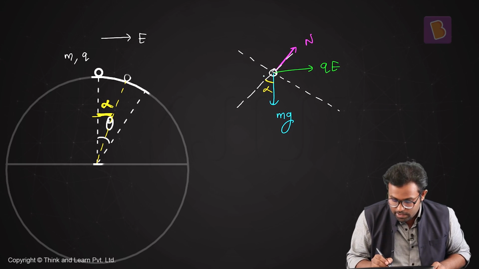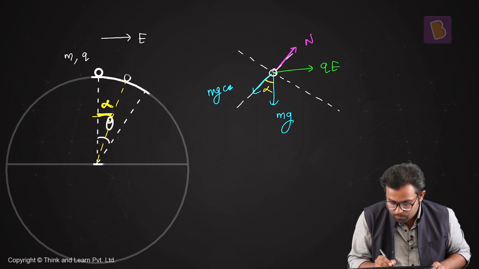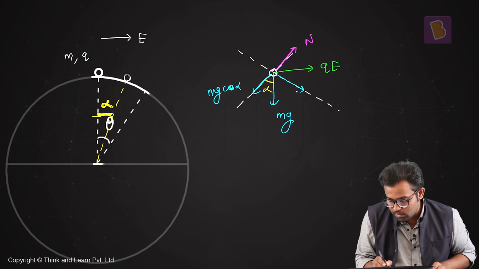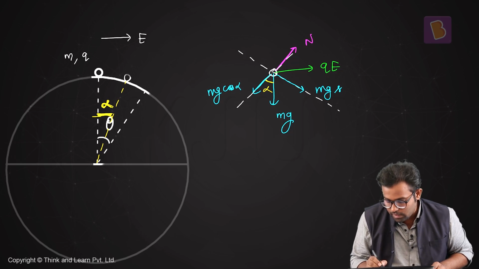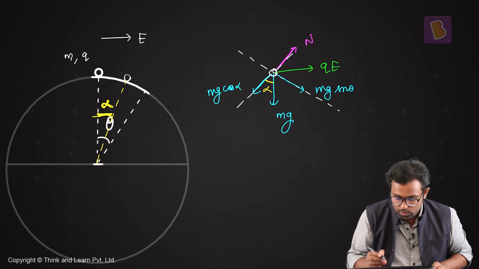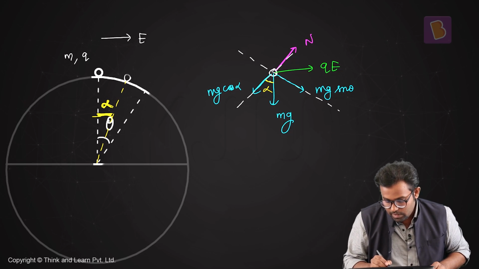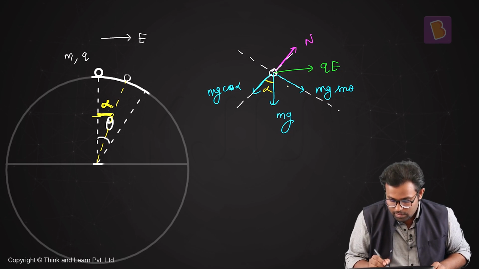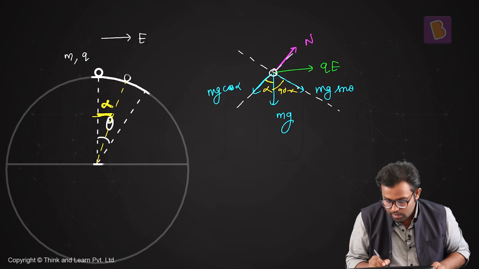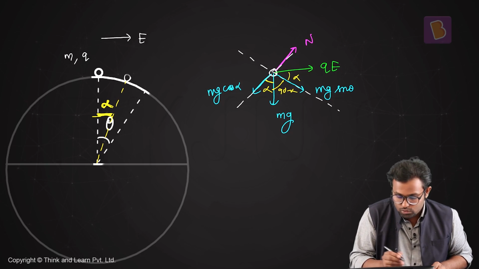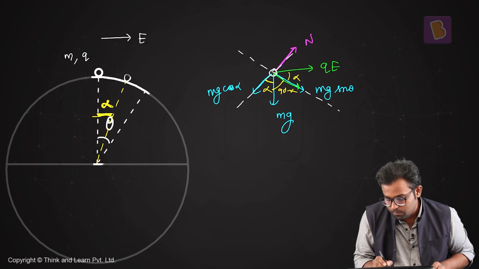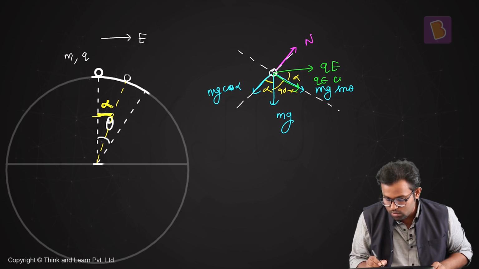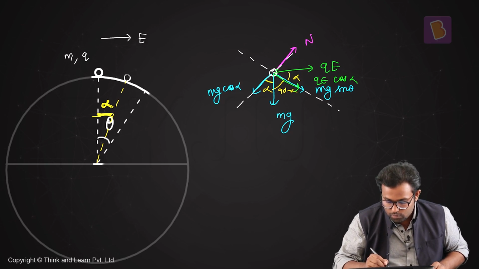So for mg I get this side mg cos alpha, and here I get mg sin alpha. And when I resolve QE, if this angle is alpha, this angle will be 90 minus alpha, and this angle again will be alpha.